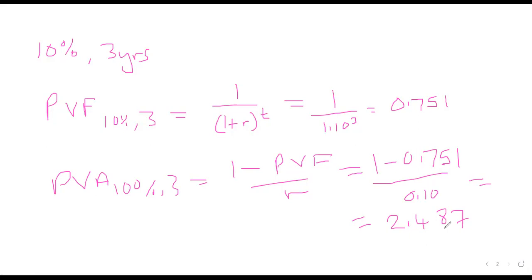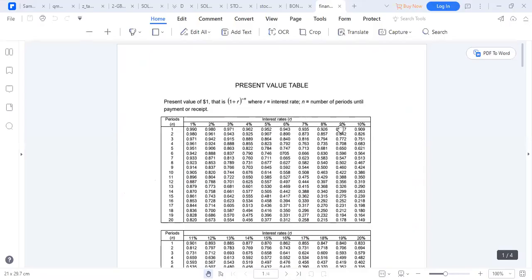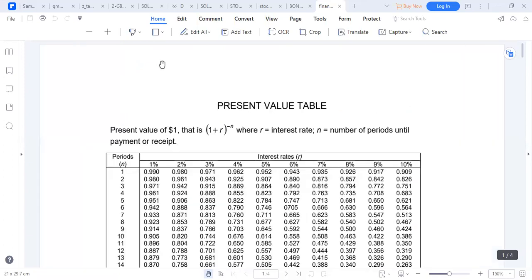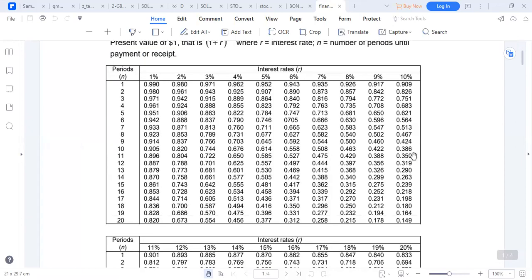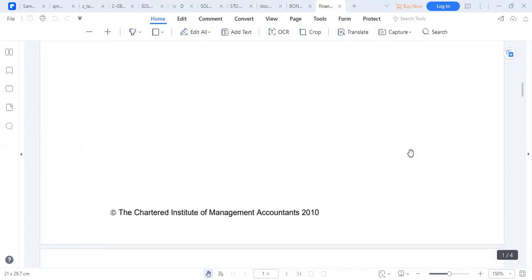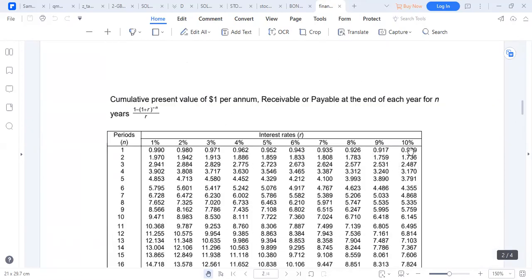Let's go into the tables and check. The interest factor 10% under 3, are you seeing that? We're getting 0.751. 10% under 3 for the annuity factor, we're going to get 2.487. It's the same thing.